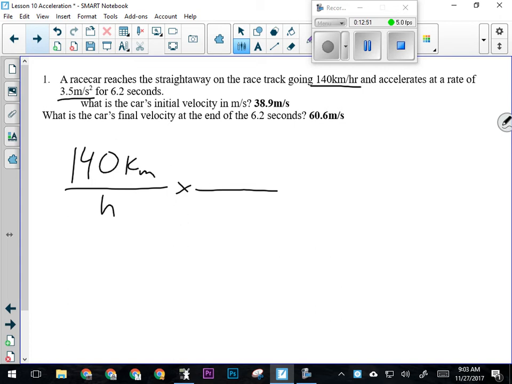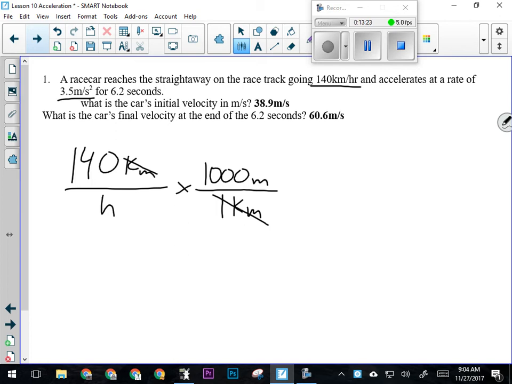It doesn't matter whether it's grams or meters or liters, kilo is 1,000. So I'm going to multiply by 1,000 meters per kilometer, right? That's the conversion factor. In 1 kilometer, there are 1,000 meters. Now, I got kilometers on the top and kilometers on the bottom, so what happens? They cancel off. As long as I multiply the 140 by 1,000, I have meters. So that converts my meters.